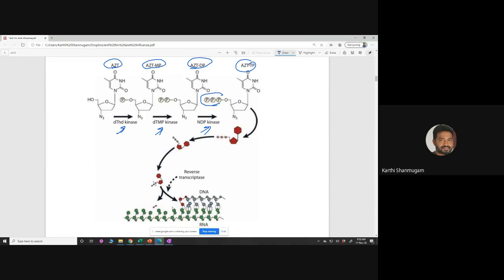The OH group is very important for the chain elongation. Since this OH group is attached with 3 phosphate groups, once this molecule goes and incorporates in the DNA chain elongation process, the next nucleotide cannot come and join because it lacks the 3' OH group. That is the molecular mechanism of this AZT.